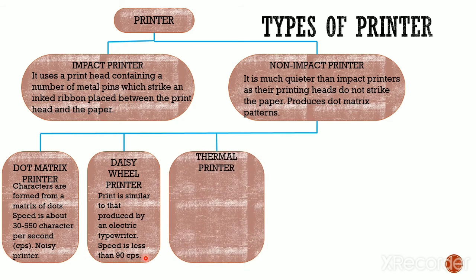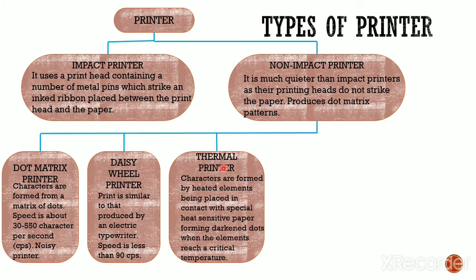Okay, then the next one is the thermal printer. Characters are formed by heating elements placed in contact with special heat-sensitive paper, forming darkened dots when the elements reach a critical temperature.